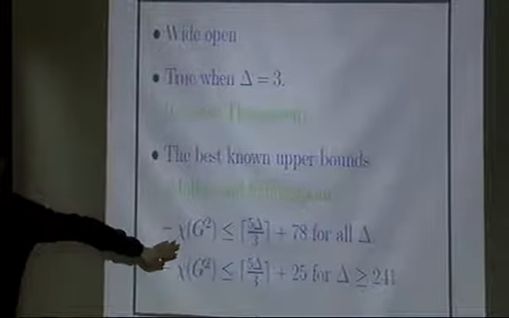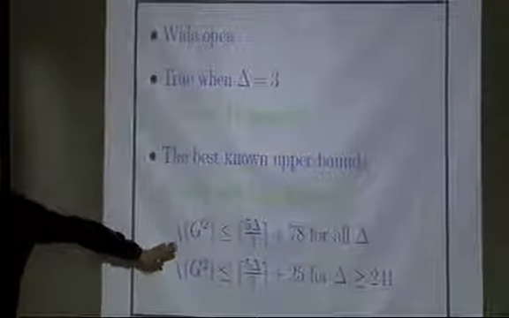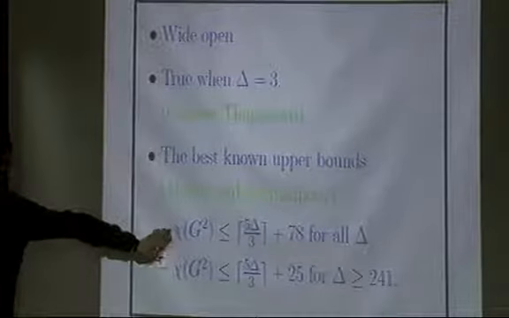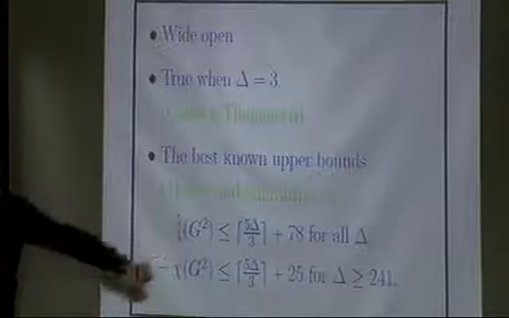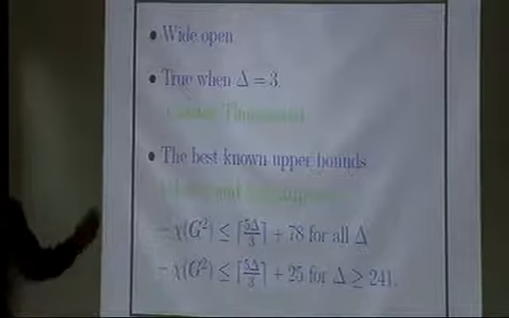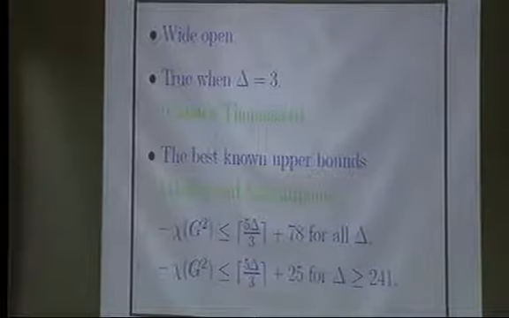And this graph is a planar graph. In some sense, a planar graph with maximum degree 241 is a very special graph. It's not the general case, right?